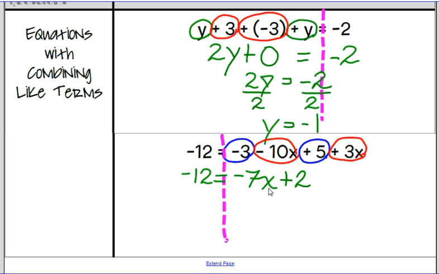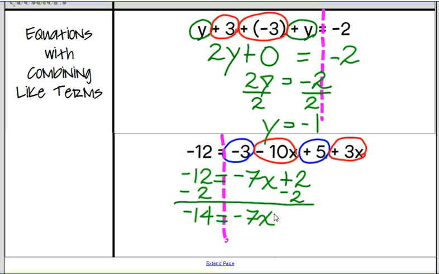And so now I'm just solving a two-step equation. So if my variable is here, I need to undo this addition of 2. So I'm going to subtract 2. Negative 12 minus 2 is negative 14. And I'm left over here with negative 7x.